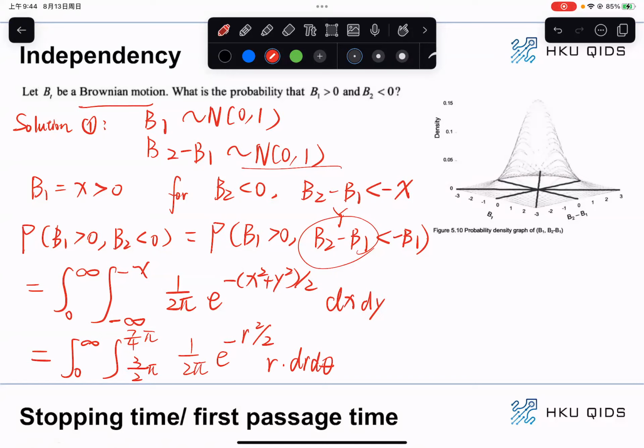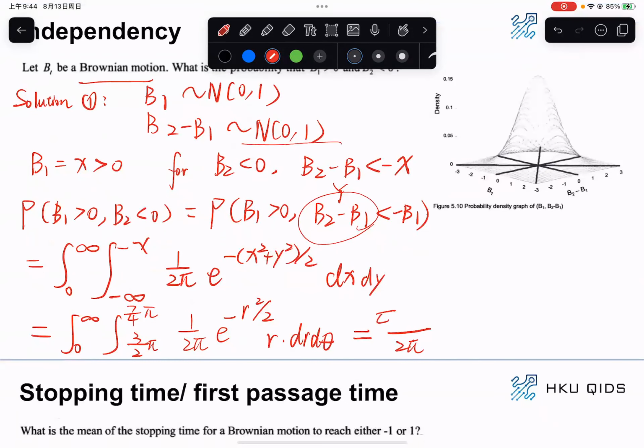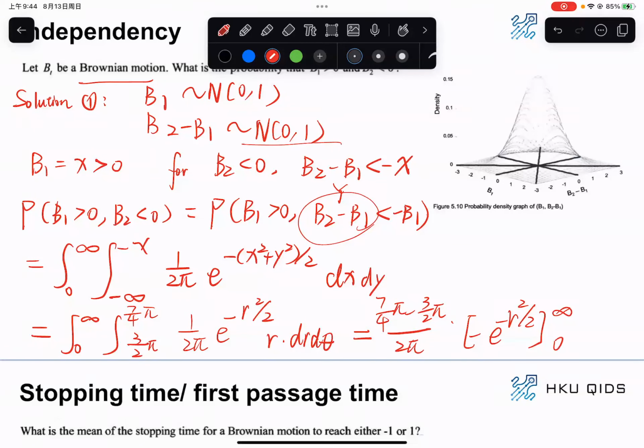And we can know this is just equal to 2 pi, 7/4 pi minus 3/2 pi, multiplied by this negative e to the negative r squared divided by 2, from 0 to infinity.